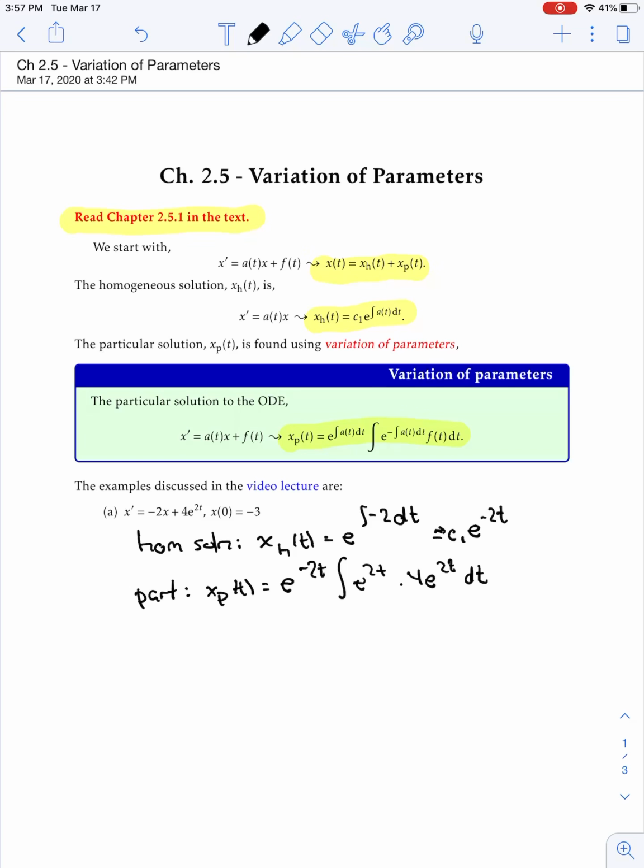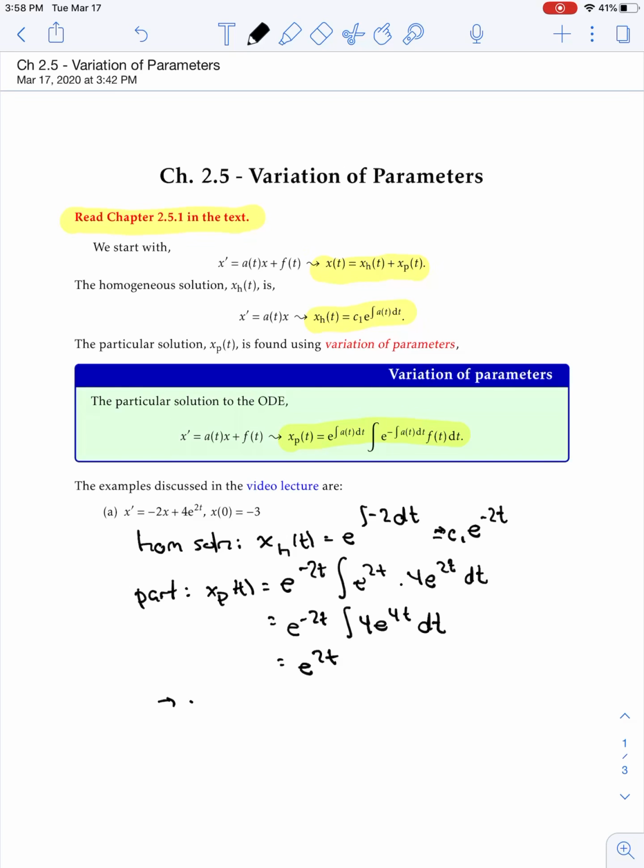And so then we do the anti-differentiation. We get e to the minus 2t, antiderivative 4e to the 4t. And so this, after we do a little bit of the algebra, becomes e to the 2t.